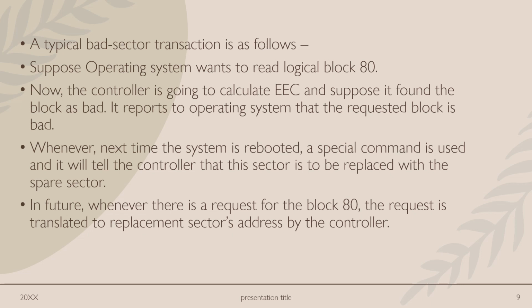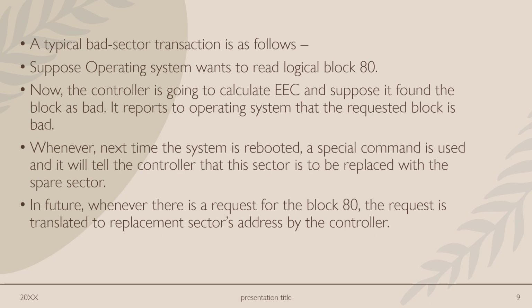Typically, a bad sector transaction is as follows. Suppose the operating system wants to read logical block 80. Now the controller calculates the ECC and suppose it finds the block to be bad. It reports to the operating system that the requested block is bad.